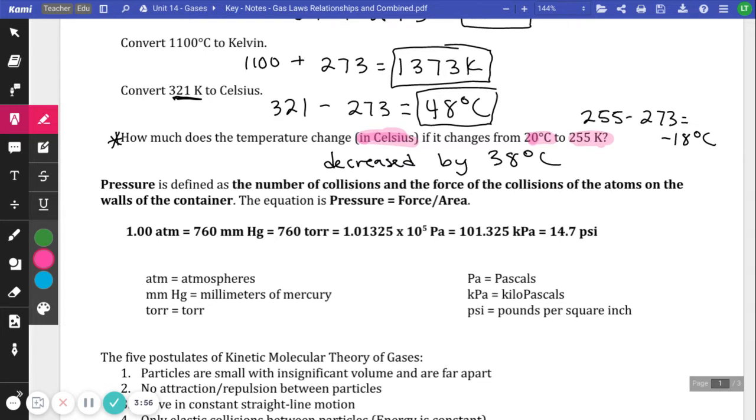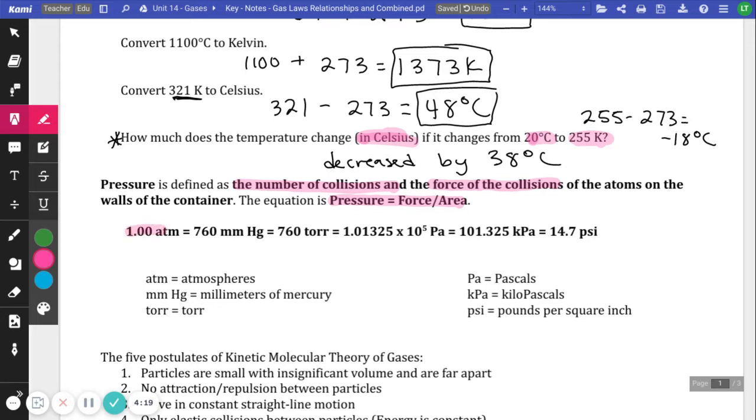Next thing we're going to talk about is pressure. Pressure is the number of collisions and the force of the collisions on the walls of the container. Our equation for pressure is force divided by area. Now, we have lots of different pressure units that you'll see throughout this unit, and they are all equal to each other.